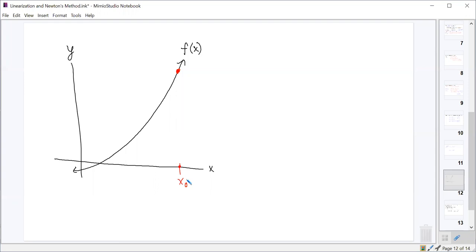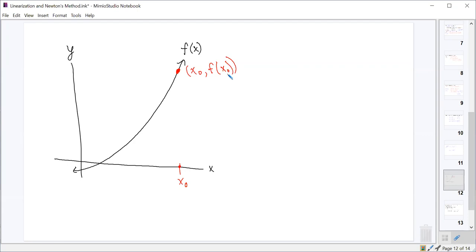We're going to have to take a couple more guesses to actually get a good value for it. What's this point up here? If the x coordinate is x naught, what's the y coordinate? Well, let's call it f of x naught.